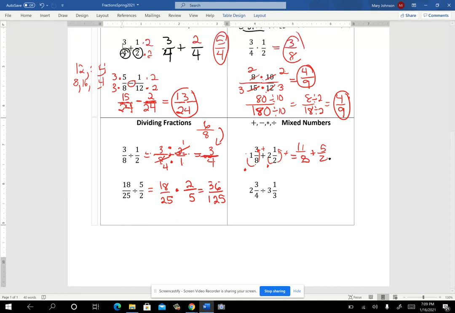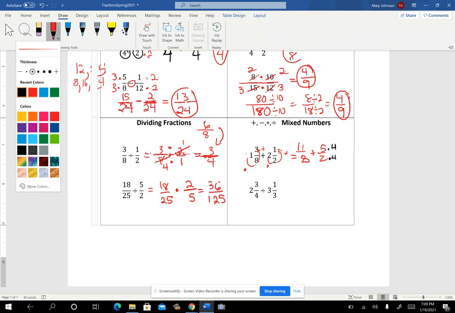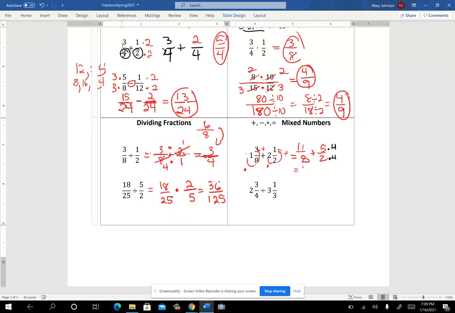So I'd have to multiply the denominator by 4 and the numerator by 4 to get a common denominator of 8 going on. Let me go back to the red. So this is 11 eighths plus 20 eighths. And now that I have eighths, I can do 11 plus 20. That's 31 eighths.